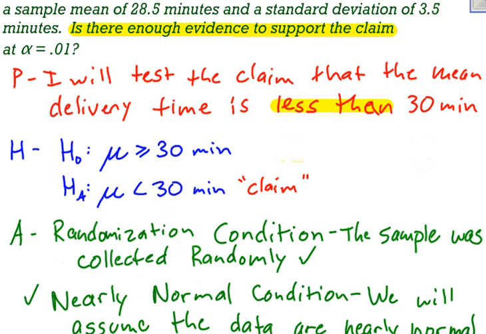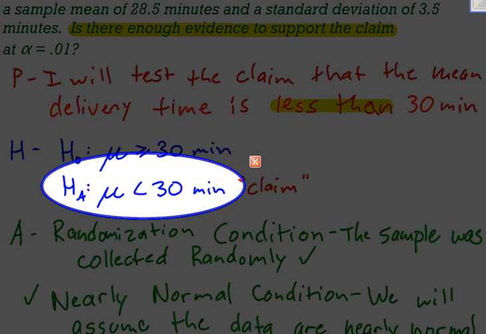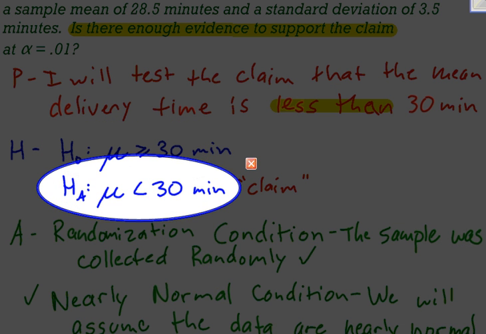Well, think about this. I am going to reject the null hypothesis. So I am rejecting this thing that I've highlighted. Well, if I am rejecting that, that means that I believe that this is true, the alternative. If I reject the null hypothesis, that means I believe the alternative hypothesis is true, and guess what?